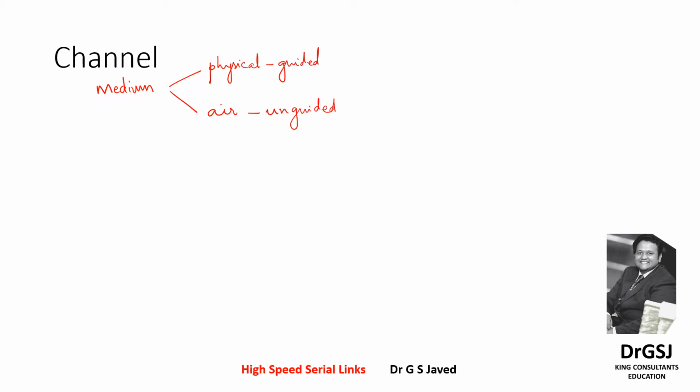Now, what does guided mean? Guided could be your PCB traces where you're doing die-to-die connectivity. It could be cables that you use for Ethernet, or twisted pair cable, or even the single shielded cable.